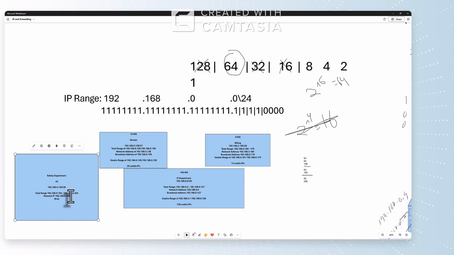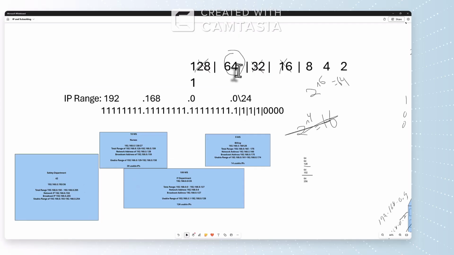It's the first address. The broadcast IP will be 192.168.0.255, leaving us with a usable range of 192.168.0.193 to 192.168.0.254. And now we have accommodated.